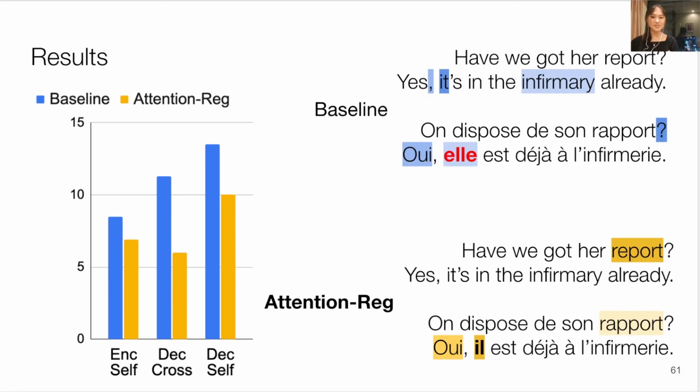And we can also see that the model with attention regularization assigns higher attention to the words report and rapport in this example, while translating the ambiguous pronoun, and then is able to translate the pronoun correctly. So this suggests that attention regularization with SCAT can encourage models to pay the right attention, and thus allow them to translate ambiguous words correctly.